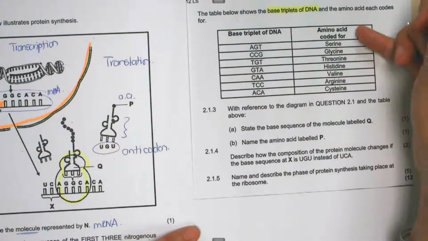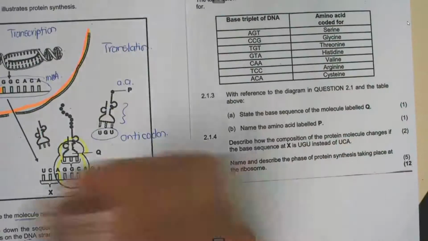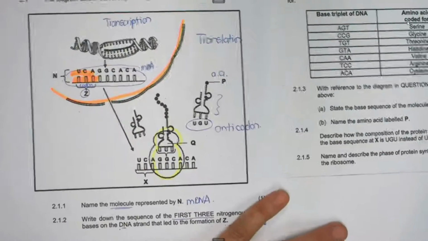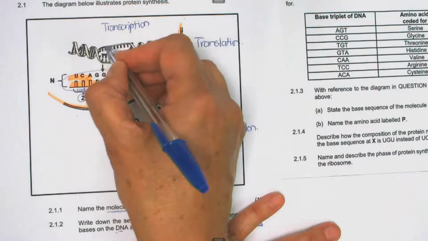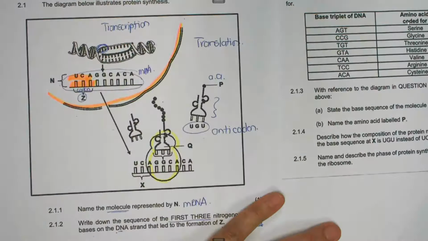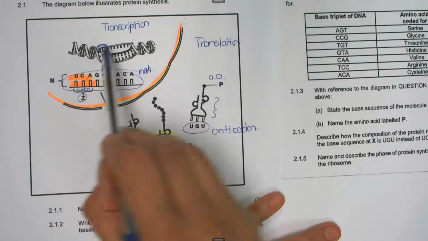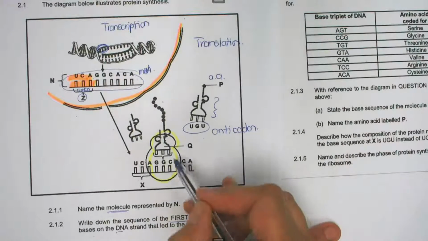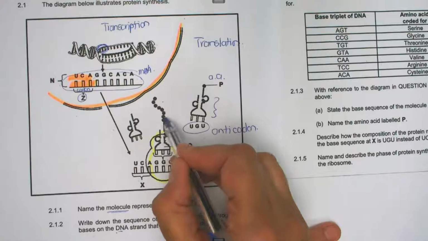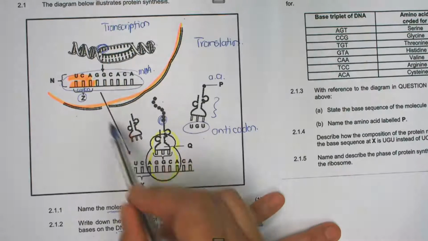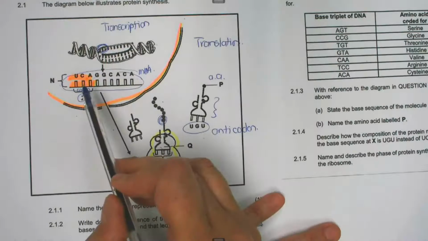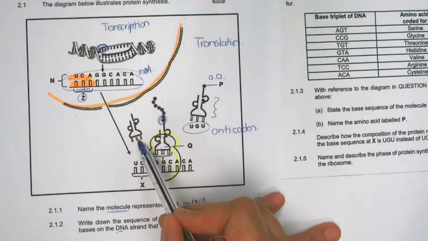And there I have the amino acid, what is happening at the end. So in the table, they are giving me the base triplets, the 3 nitrogenous bases adjacent to one another that we start with, and then they give me the amino acids, so what we end with here. So I'm sure they're going to ask us about what is happening in between. They're going to ask about the mRNA and the tRNA.